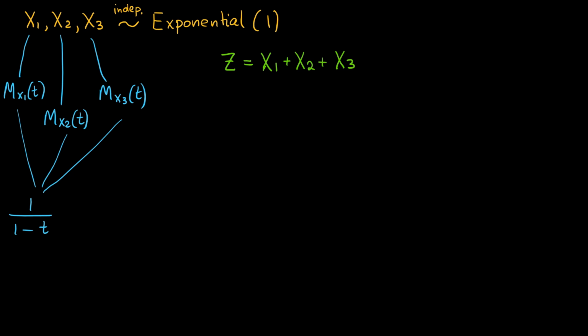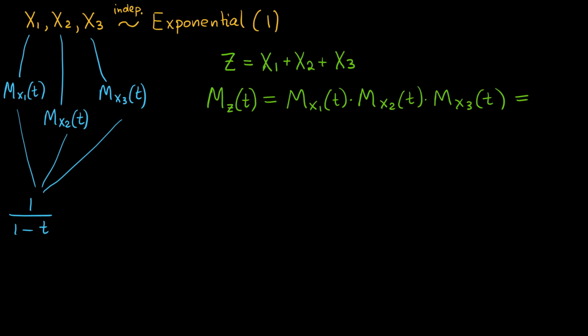In chapter 4, we will introduce a theorem which says that the moment generating function of the sum of independent random variables equals the product of the moment generating functions of these.